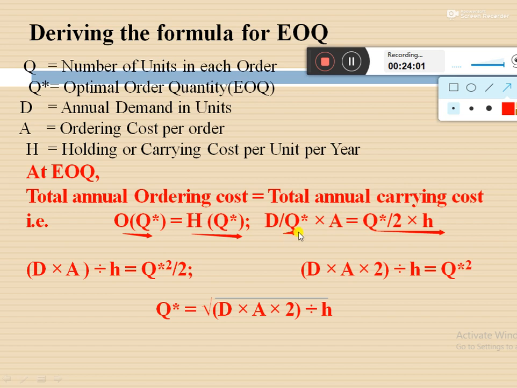the Q from here would go to the right hand side and multiply with the Q star. So it would result in Q star square divided by 2.